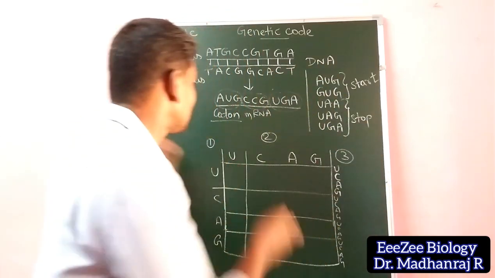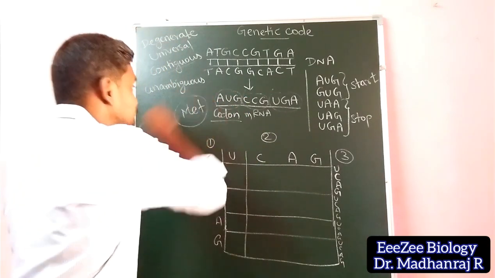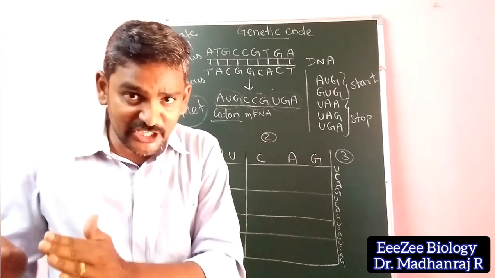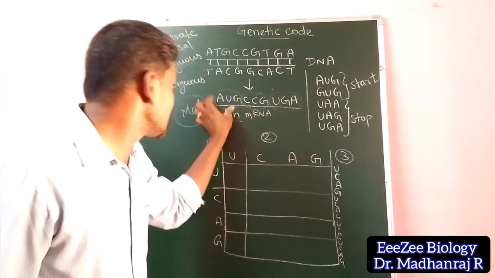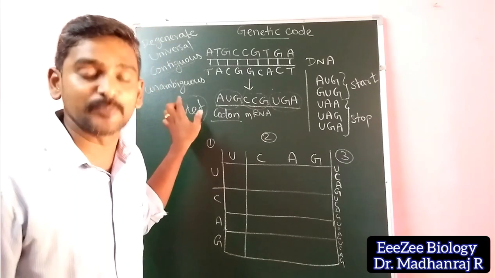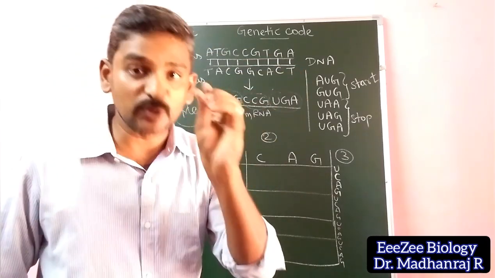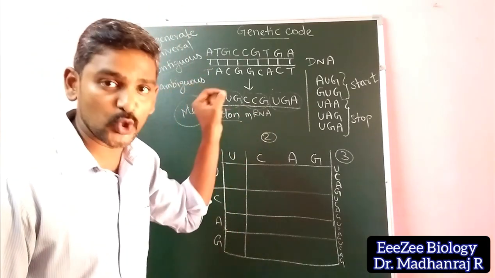For example, AUG will always code for the amino acid methionine. From bacteria to higher organisms like human beings, AUG always codes for methionine only. That specificity is called unambiguous.